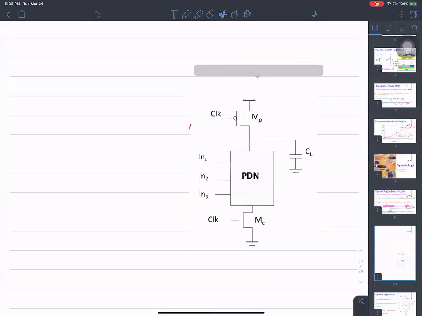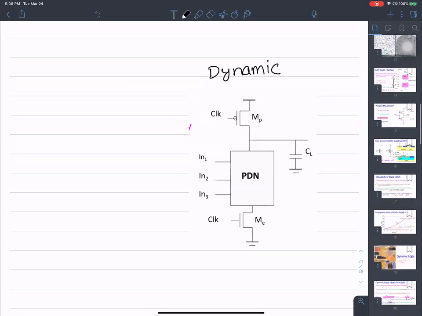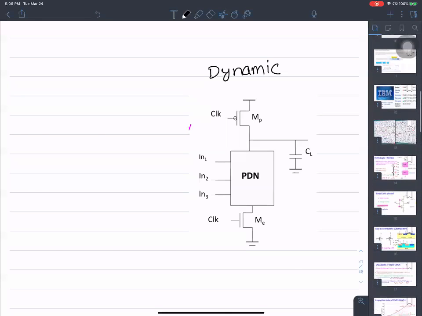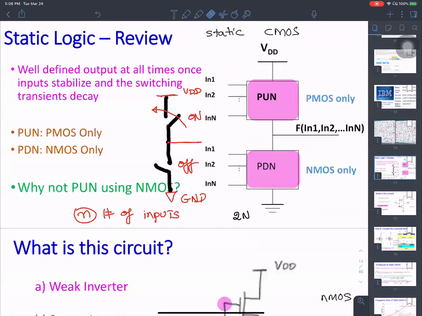So this is the dynamic logic, right? Let's look at the static logic, which is this one. We'll use this one, and then see how they are different.